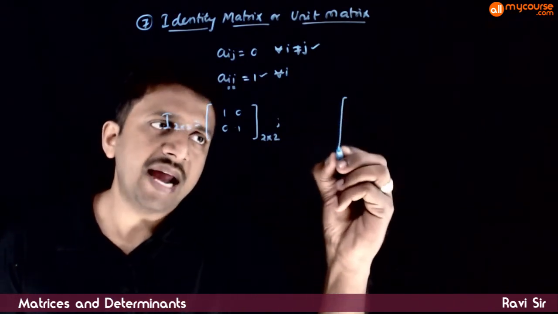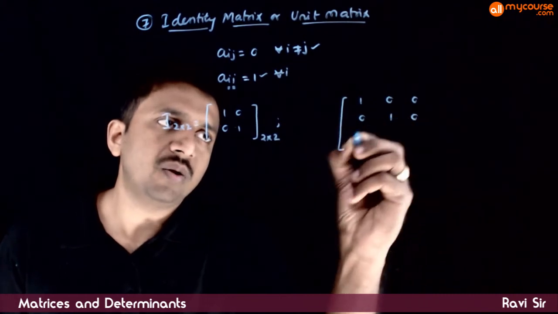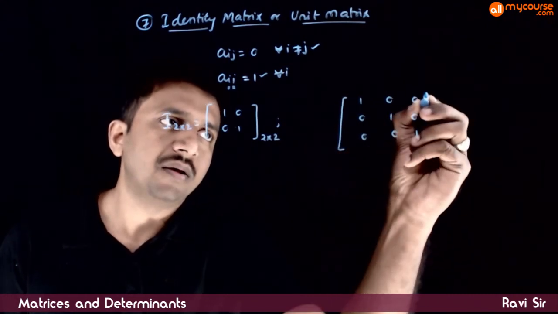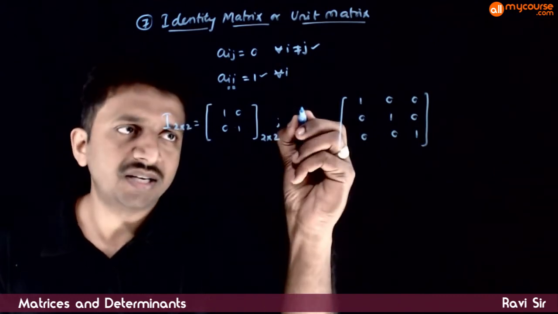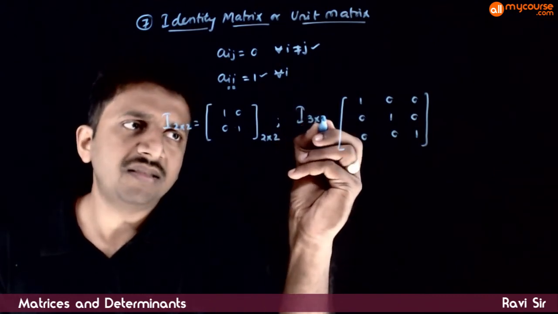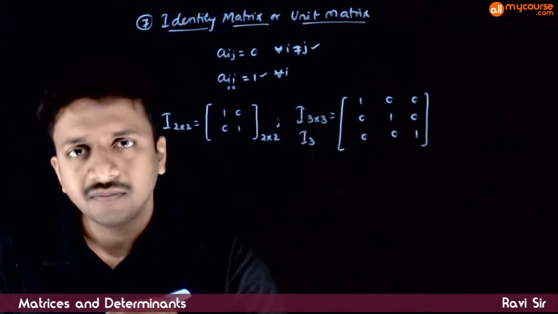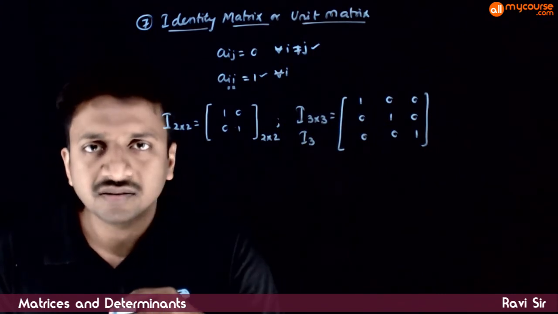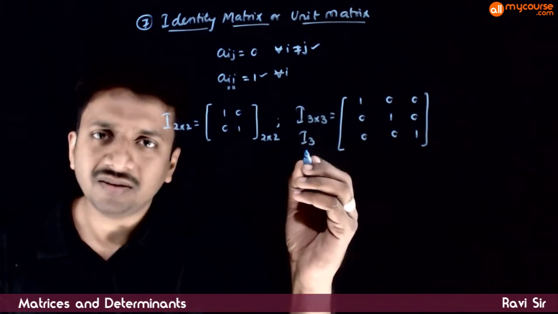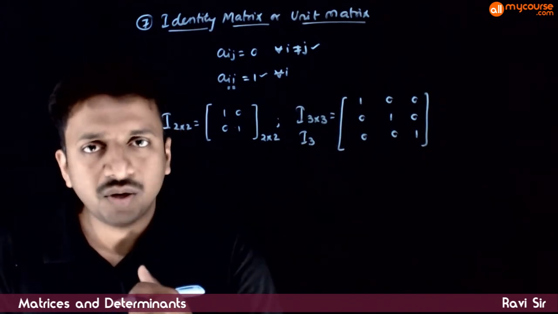If you have the identity matrix of the order 3 by 3, 1, 0, 0, 0, 1, 0, 0, 0, 1, what can this be represented as? I can represent it by I3 by 3 or simply I3, because we know that an identity matrix has to be a square matrix. So if I write 3, you can understand by yourself that the other number should also be equal to 3.